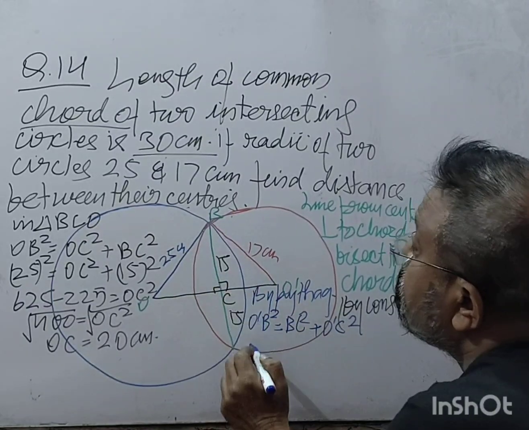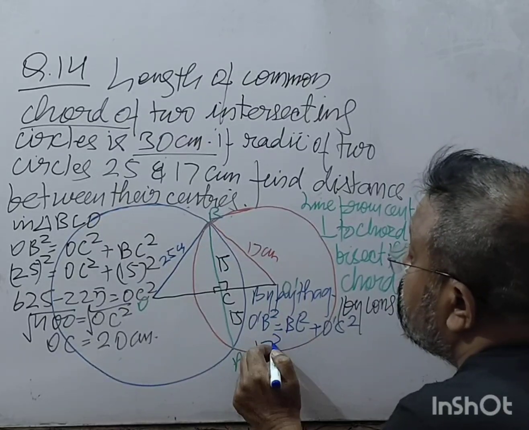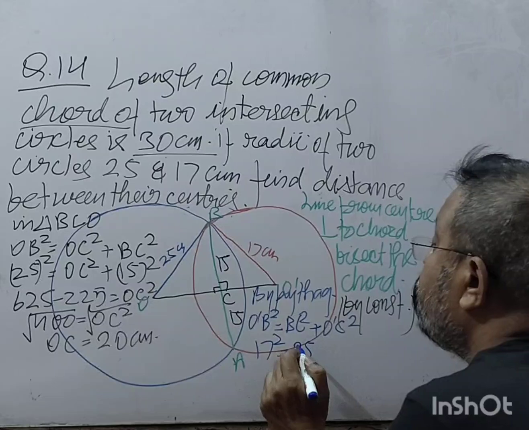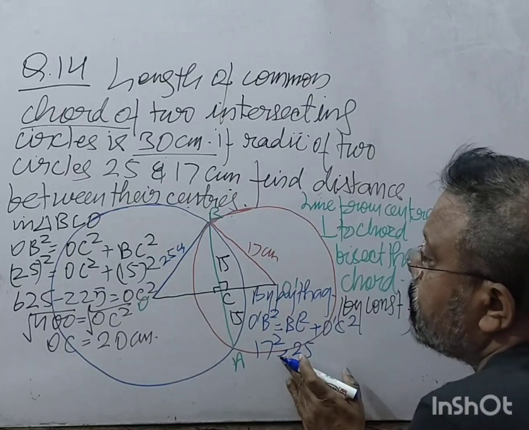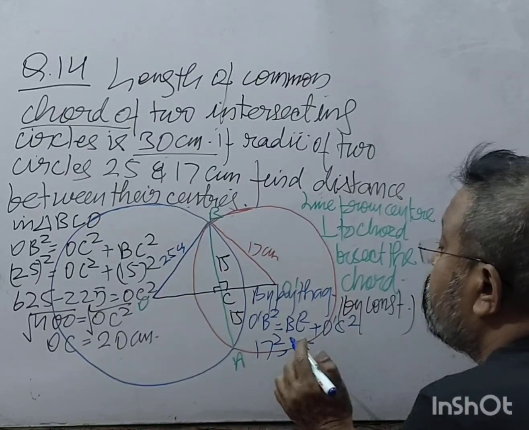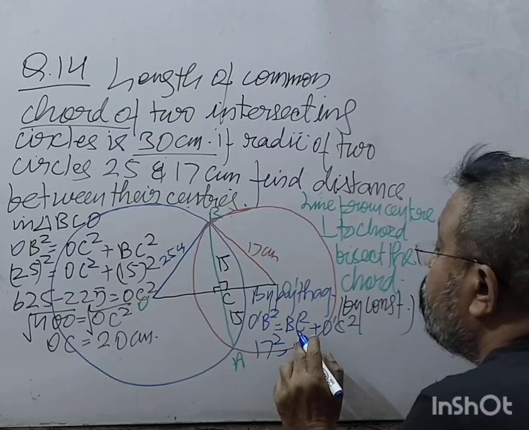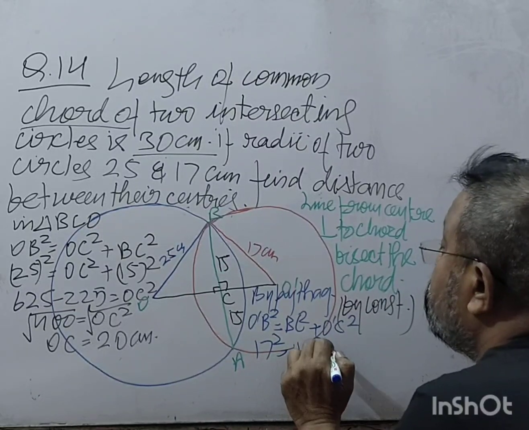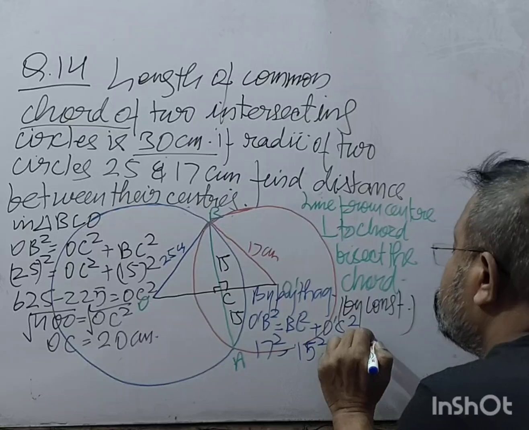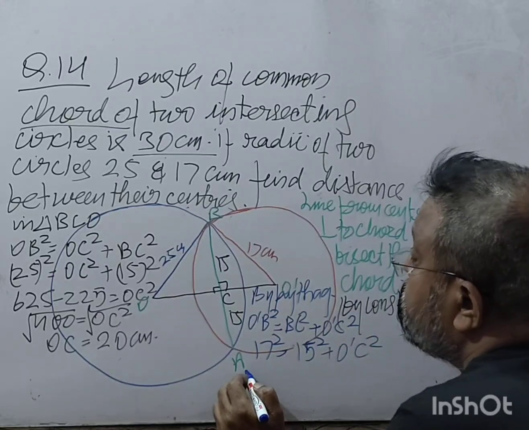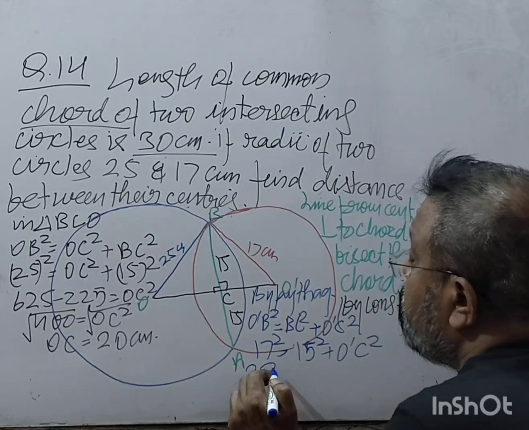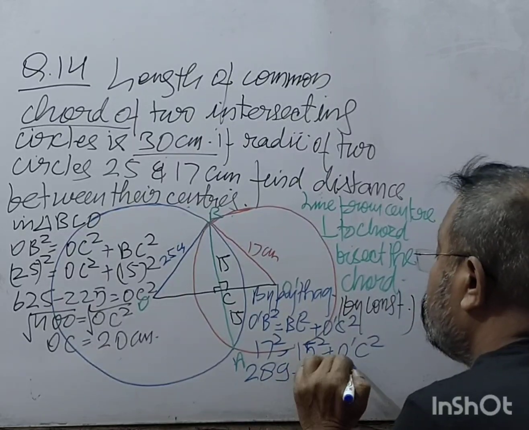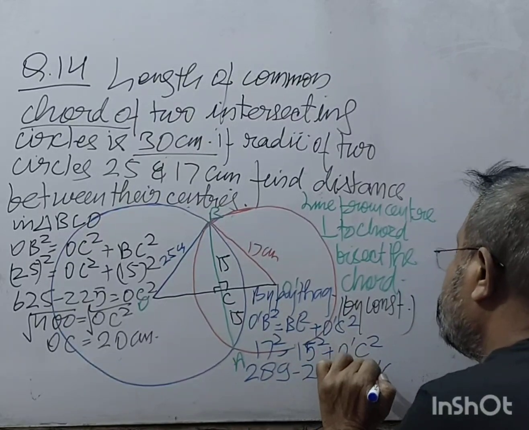O dash B square is 17 square, equal to, BC is 15, so 15 square plus O dash C square. So 289 minus 225 becomes O dash C square.